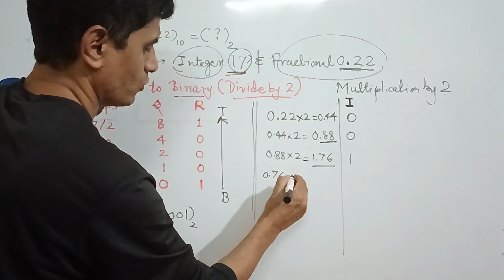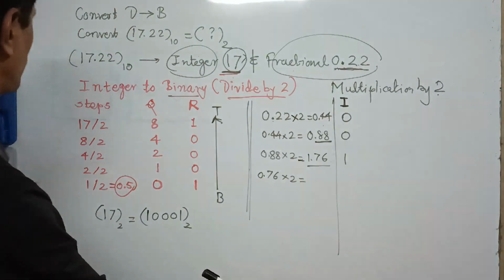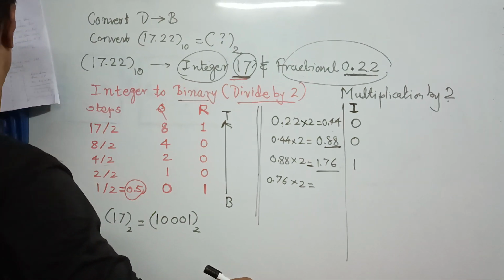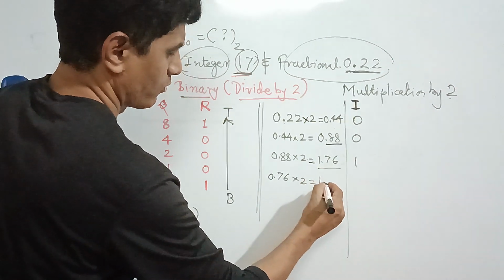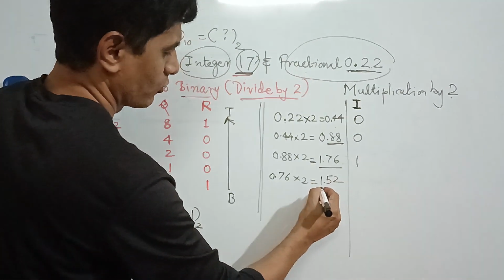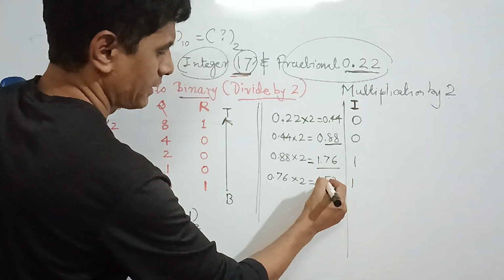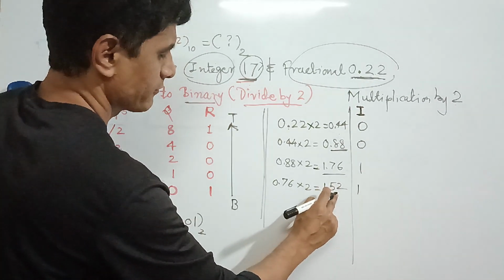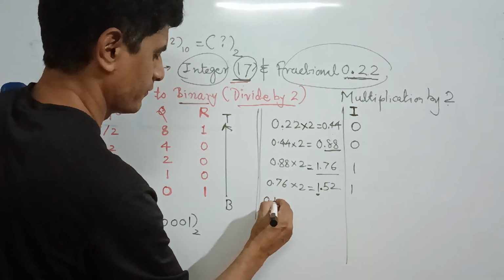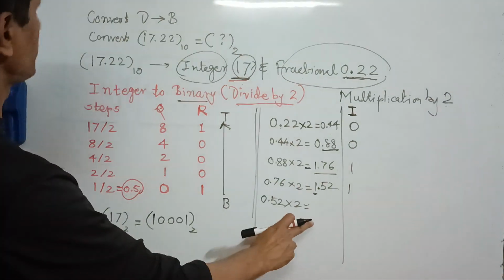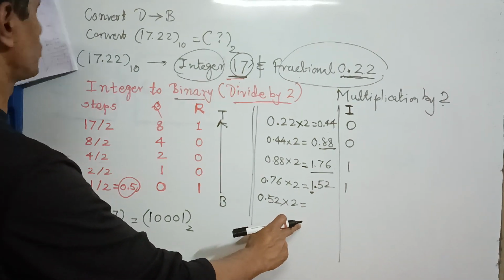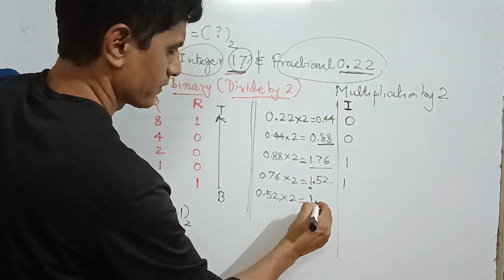0.76 into 2 is 1.52. Then take only the integer part, 1, and multiply 2 with the fractional part, 0.52. And 0.52 into 2 is equal to 1.04.